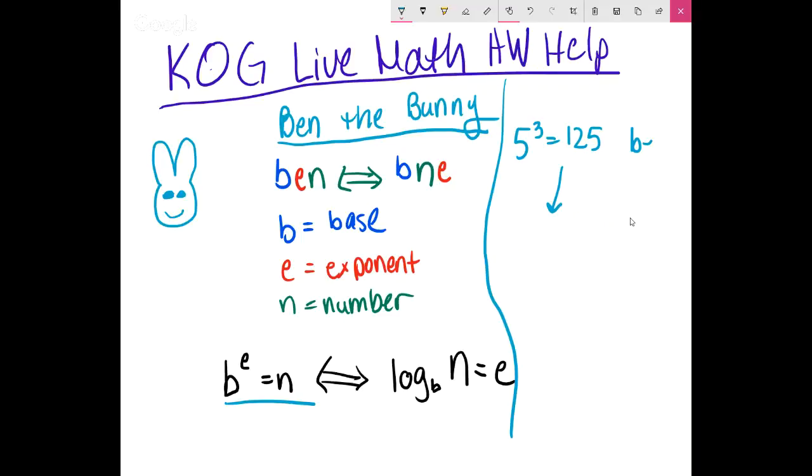So we want to write it as bunny. So remember, log, the base is 5, goes down here. N is actually 125, and then E is 3. So the log base 5 of 125 is 3. That's the exponent.